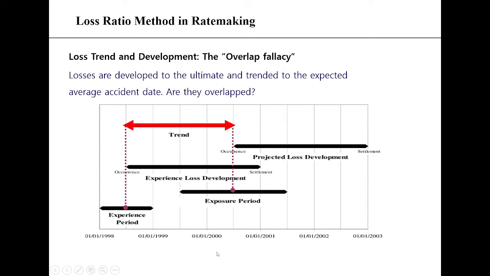So when we trend the experience losses up to the exposure period midpoint, we trend up to there. And all the claims that occurred, let's say at the mid average accident date in 1998, have their own development period.